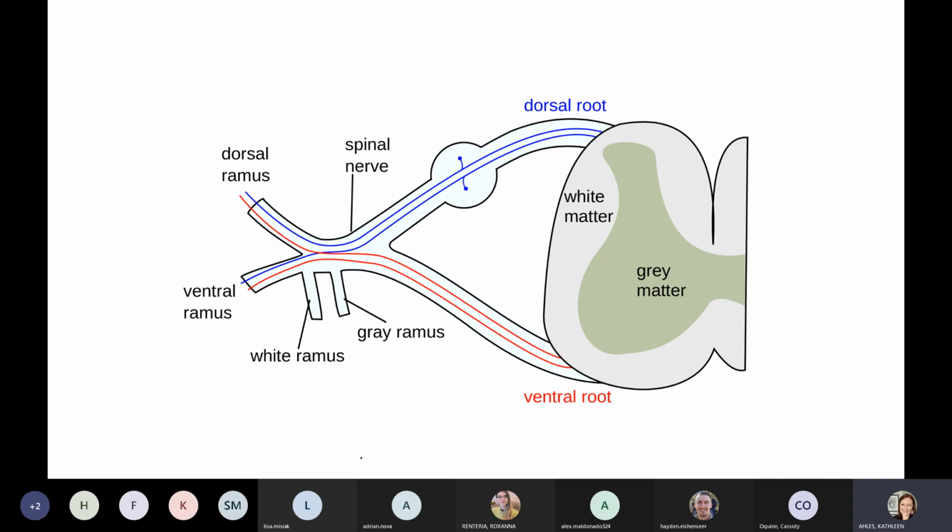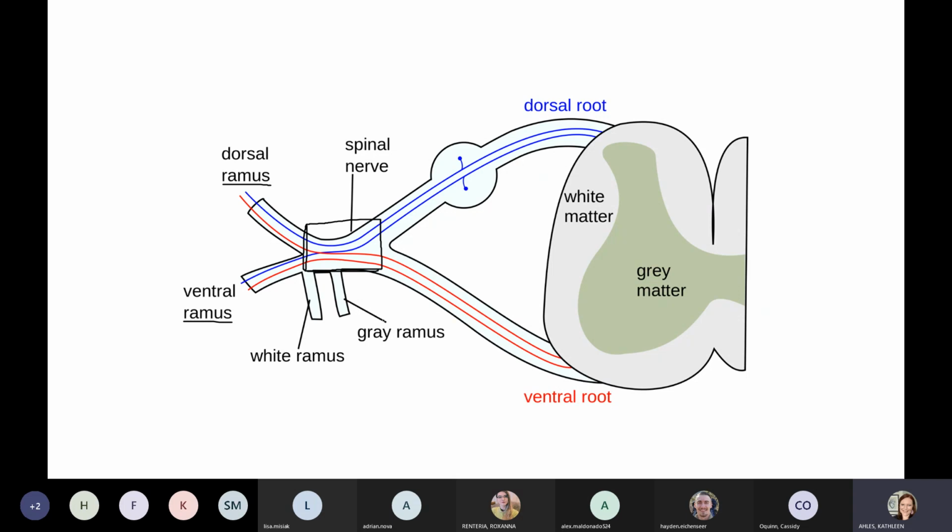I have a picture here that you do not have in your lab packet, but I'm going to use it to help us in our discussion of things called a ramus. So a dorsal ramus or a ventral ramus, we ask you to know about these structures. When we talk about a dorsal ramus or a ventral ramus, this word ramus means branch. So if you imagine that we've got a spinal nerve, so here's my spinal nerve.